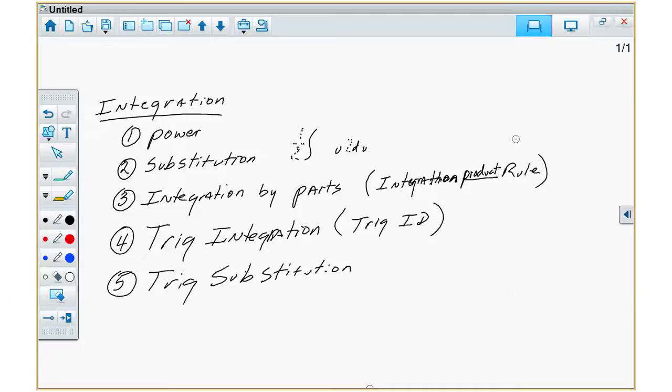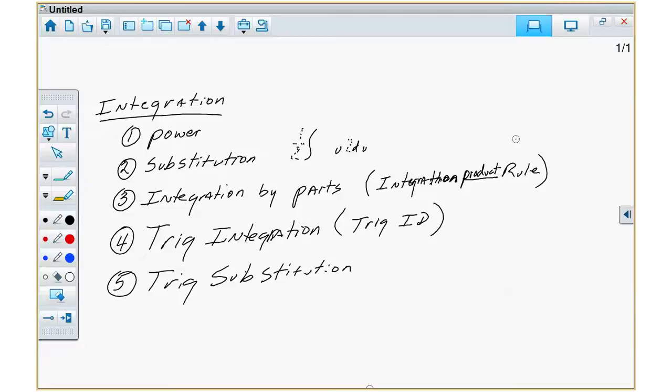So with the derivatives, we learned how to do what? The basic power rule. We learned the product rule, we learned the quotient rule, and we learned several other rules with derivatives. And now we're learning several different applications of integration.